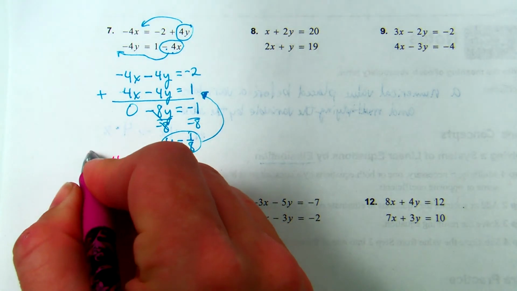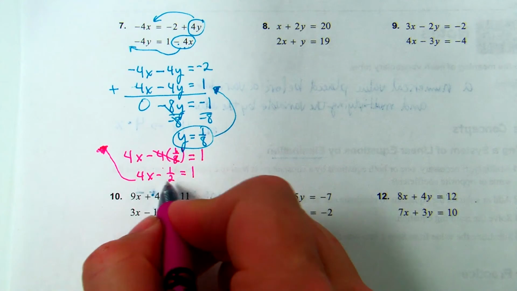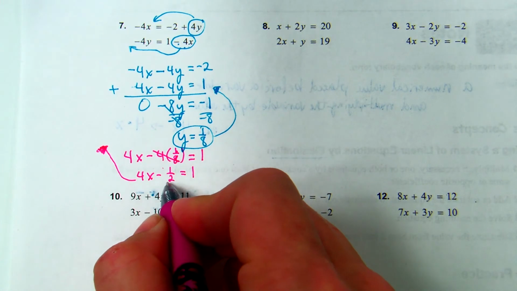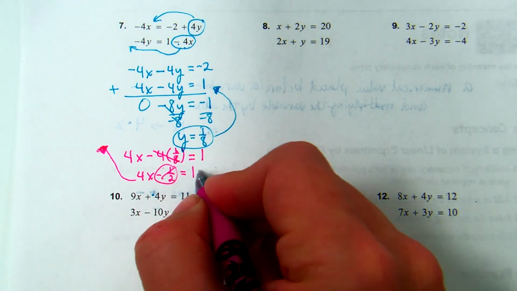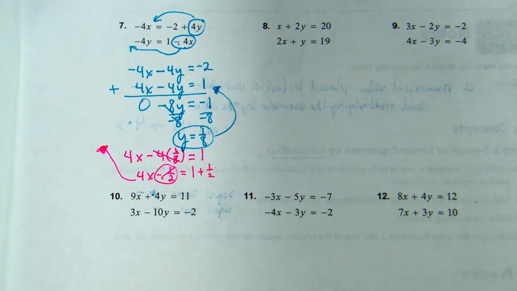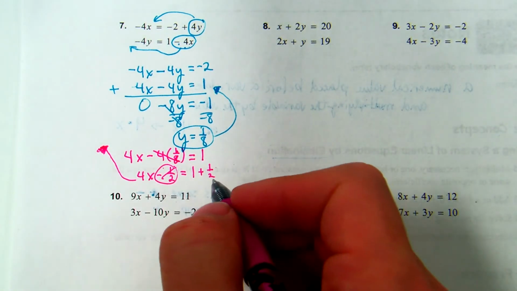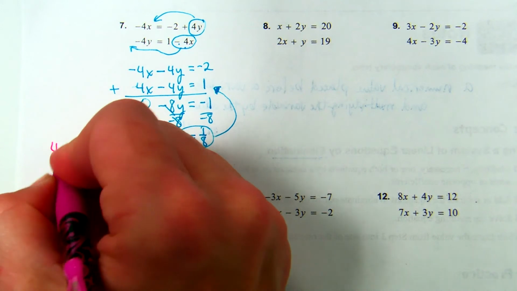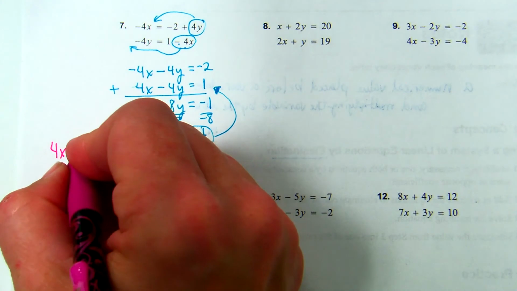We're going to take the 1/2 and add it to both sides, so we're going to add 1/2 to 1. Well, it's simply 1 and 1/2, or if you change this to an improper fraction, it's 3/2. So 4x is going to equal 1 and 1/2, or 3/2.